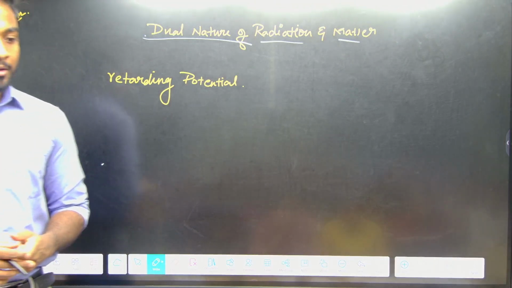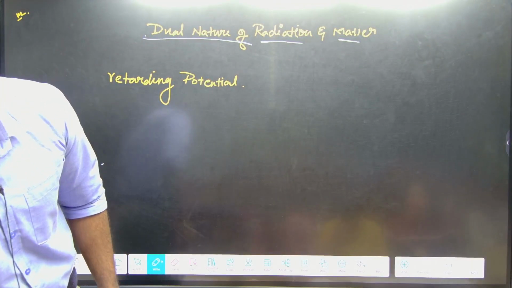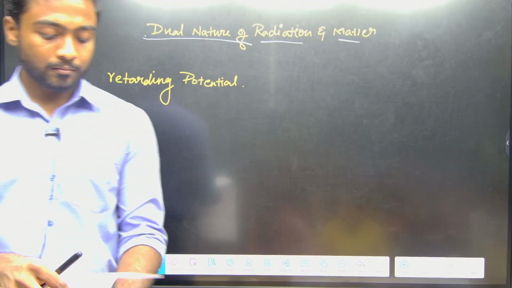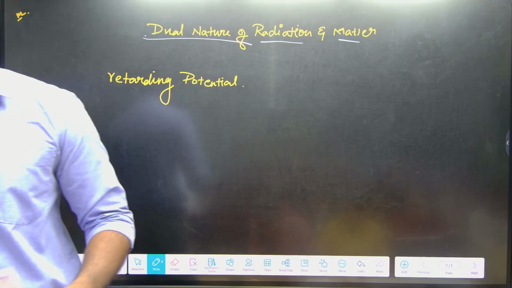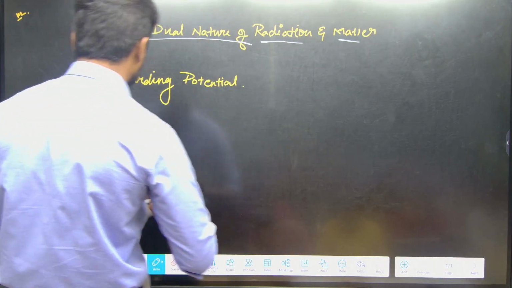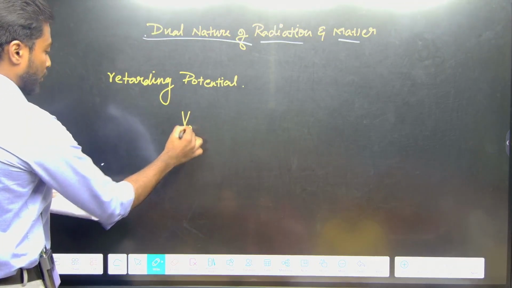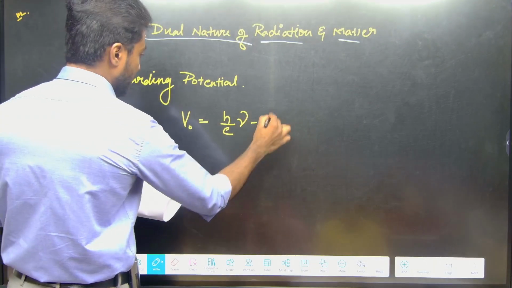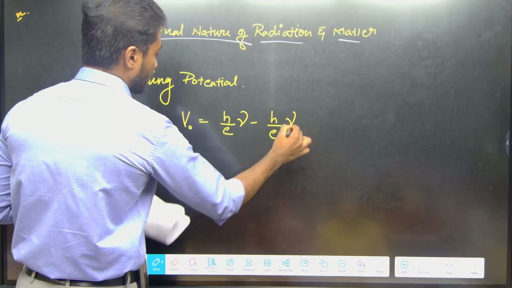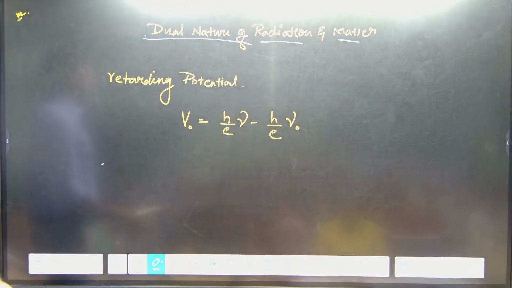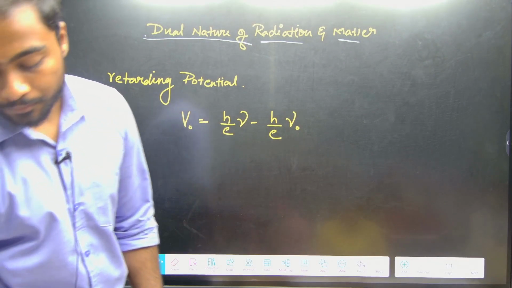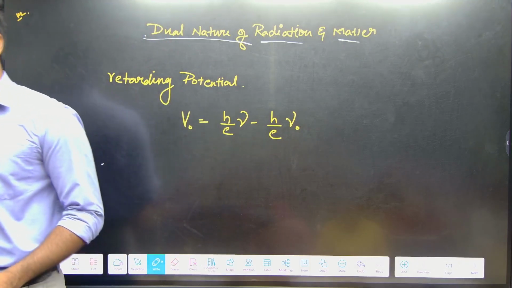Okay. Write down the formula. V naught is equals to h by e nu minus h by e nu naught. So V naught is the retarding potential.